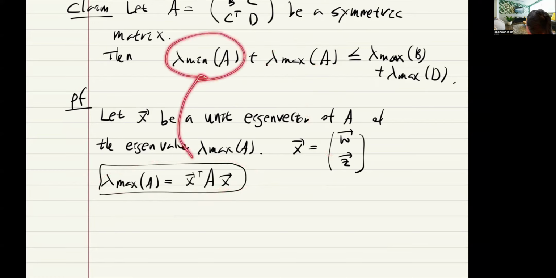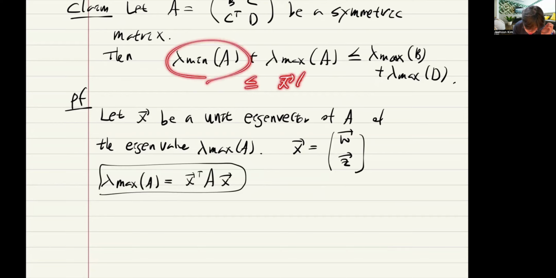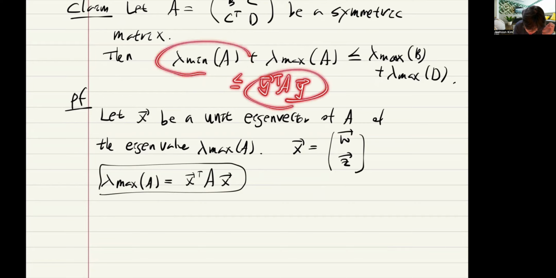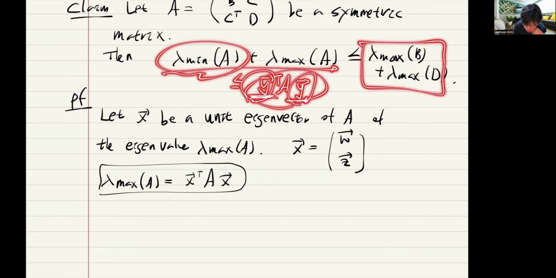Now we want to replace this with another Rayleigh quotient, but this is lambda minimum. That means no matter what vector y you take, its Rayleigh quotient is bigger than or equal to this. So by upper bounding, it's not a problem. We can take anything, but we want to choose it so that we finally get these two terms at the end.